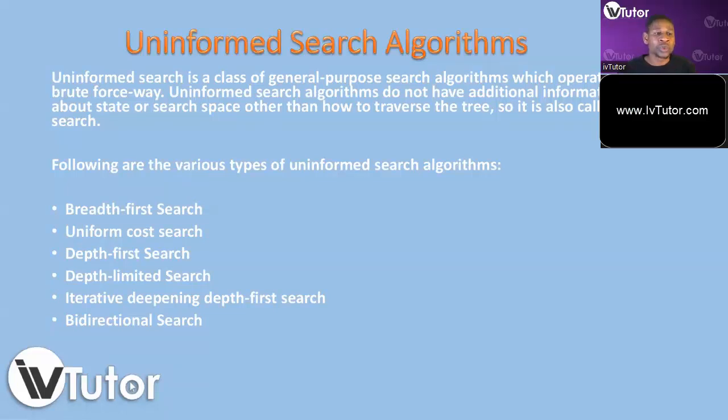It makes them not efficient, but they are still able to solve some of the most common problems in modeling or artificial intelligence. So we're going to look at the following: breadth first, uniform cost search, depth first, depth limited, iterative deepening, and bidirectional. We're going to look at these in detail and explain what each and every one of them entails.